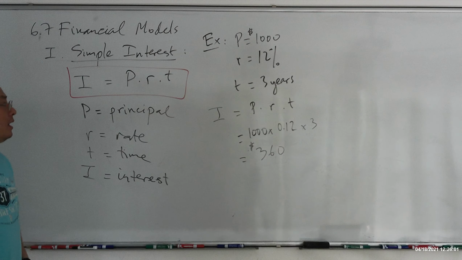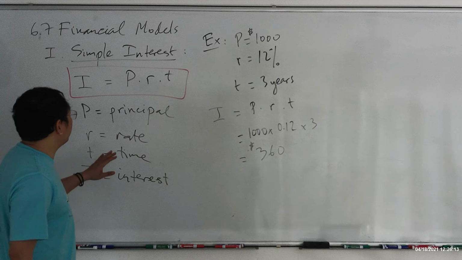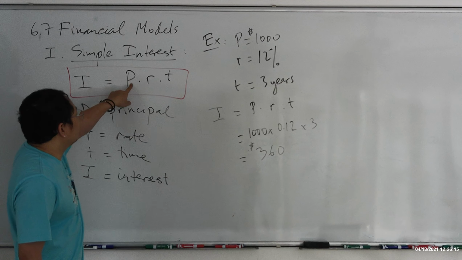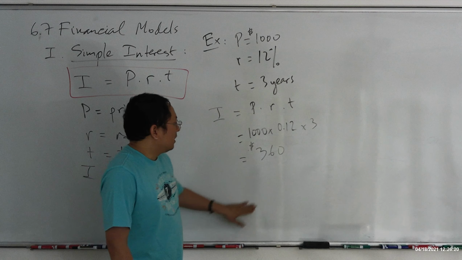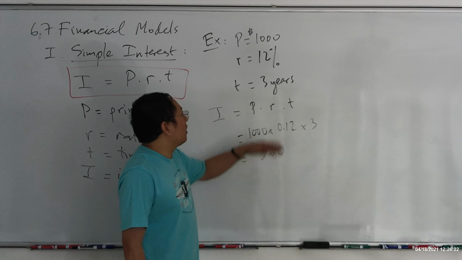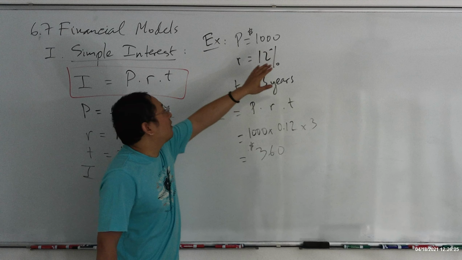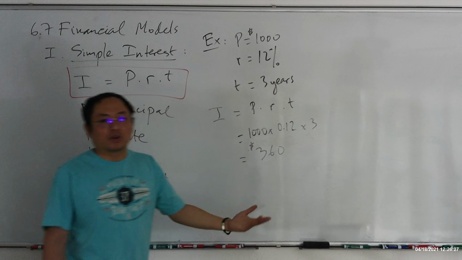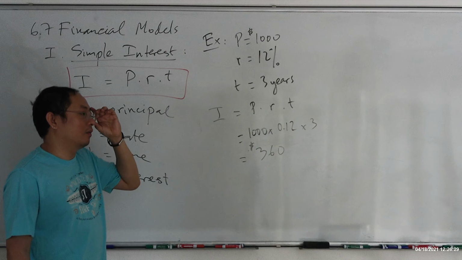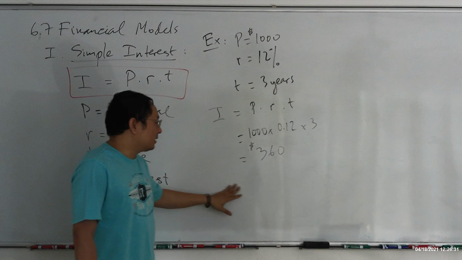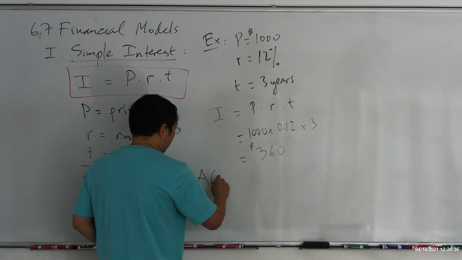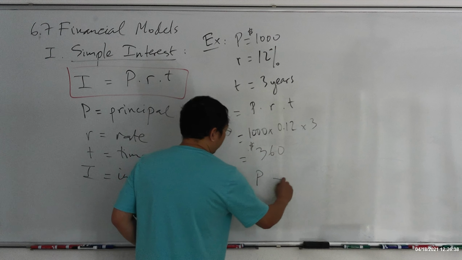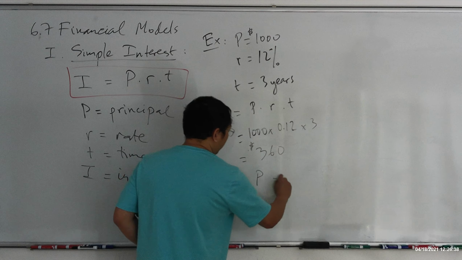Now, if you want to calculate your future amount after 3 years, all you have to do is add the principal to the interest. After 3 years, the interest that you earn is $360, but you don't lose your $1,000. Even though the value of $1,000 now and 3 years later may not be the same, just looking at the numbers, your future amount A_t is equal to P plus I. Here A is the future amount and t represents the time.